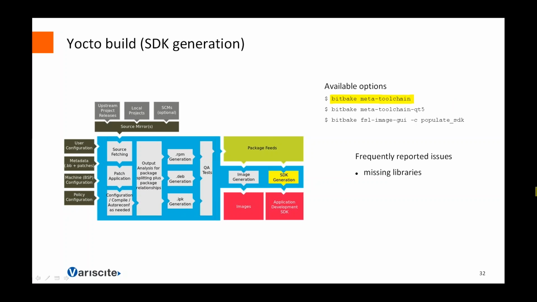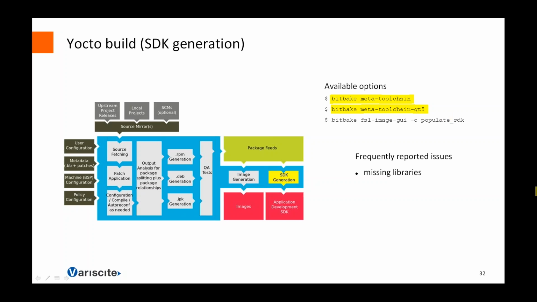This one, the meta toolchain, is the very basic one and provides just the compiler, but not that much in terms of tools. For example, if you want a toolchain that also supports Qt, you need to use the meta toolchain Qt5.